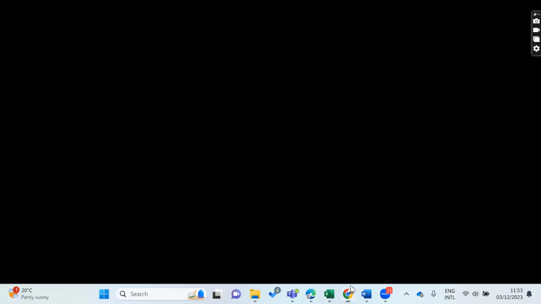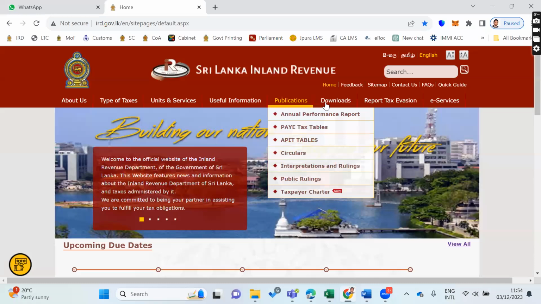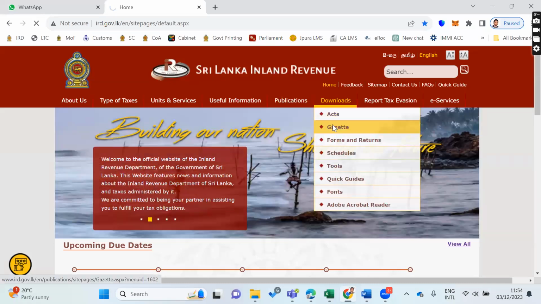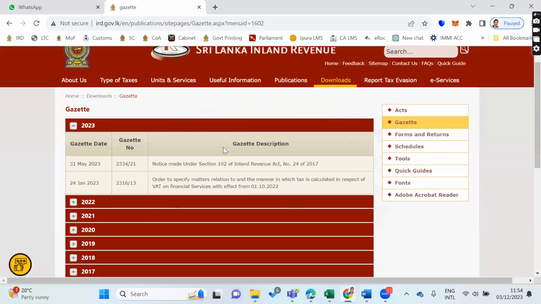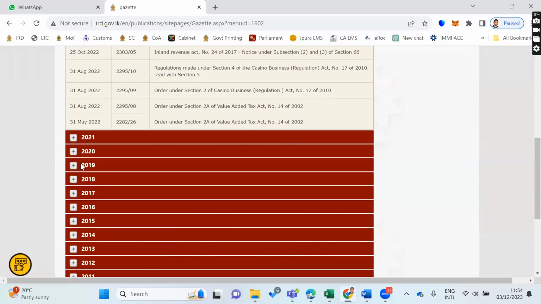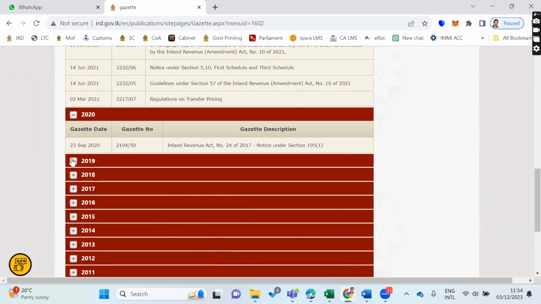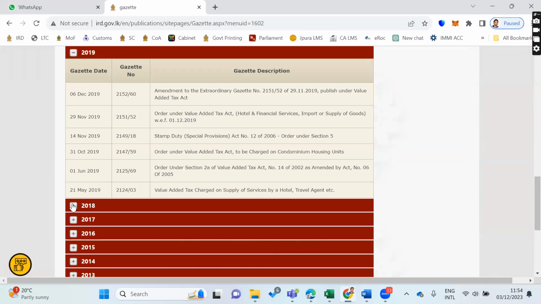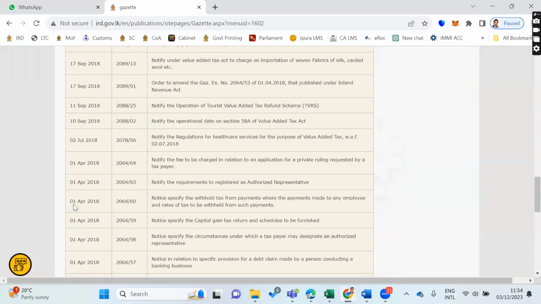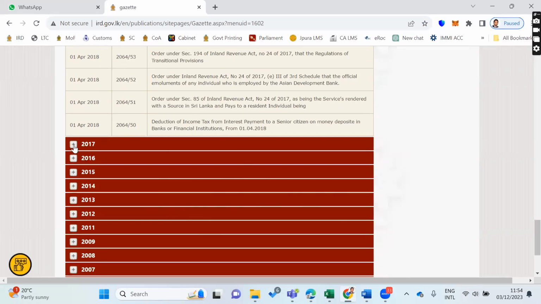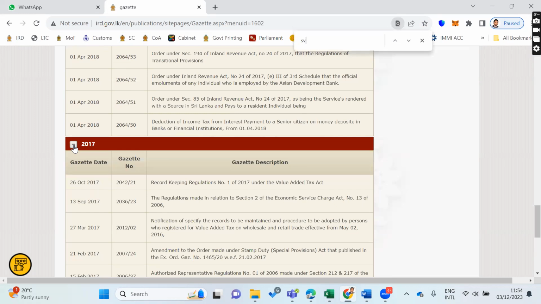If I refer to the Gazette notification, the SVAT Gazette, then if you go to the SVAT Gazette notification, or a new Gazette notification.